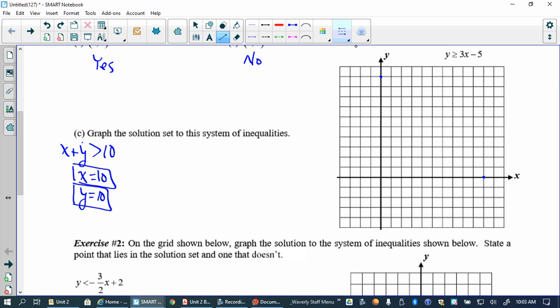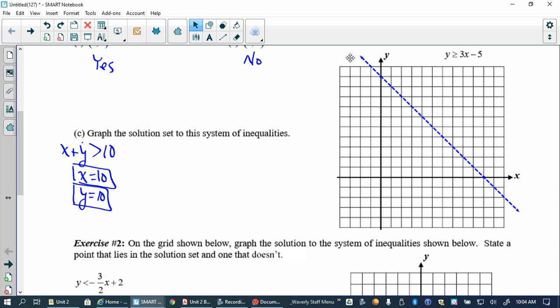Now, hang on. I don't want anybody to shade anything yet, but if we were to shade this, which way would it be, below or above? Above, because it's greater than. Be careful. It's above because it's a positive y greater than.